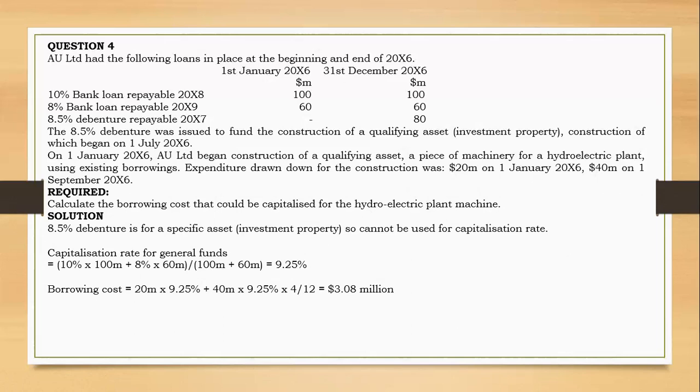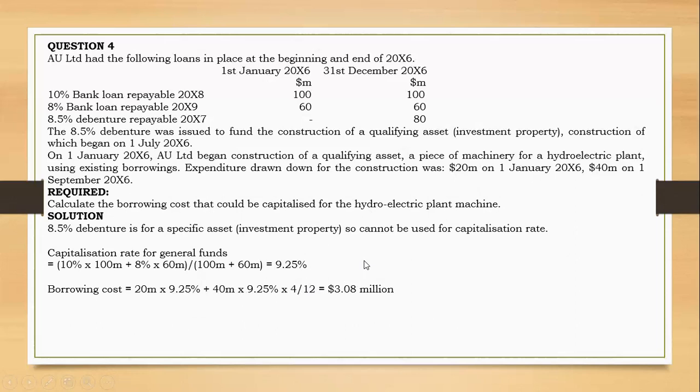So borrowing cost equals 20 million times 9.25%, without apportioning it. Then I drew down 40 million on 1st September. From 1st September to 1st December 2026, that amounts to 4 months. So I take this 40 million, apply the capitalization rate, apportion it for 4 months, and I will have $3.08 million.